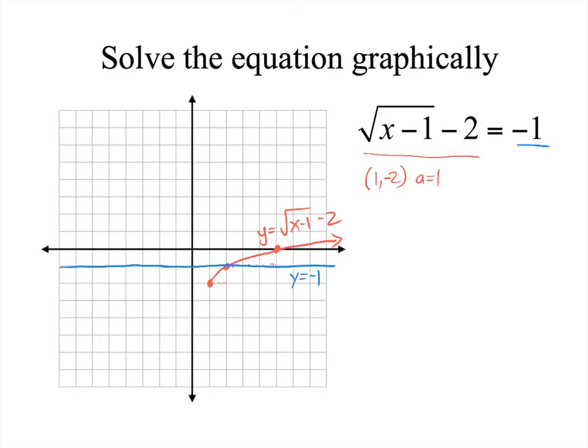My answer is where they cross. That right there is where they're crossing. The coordinate where they cross is (2, -1). So what does x equal? The 2, the x value. We want the x value where they intersect, so 2 is my answer.